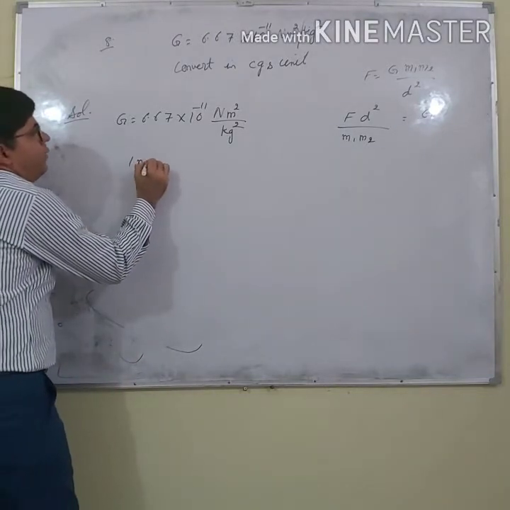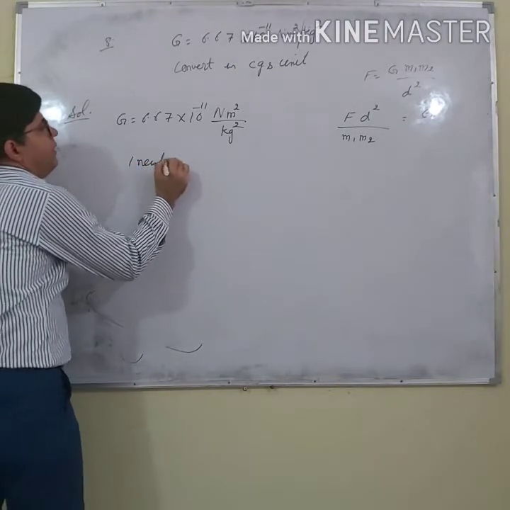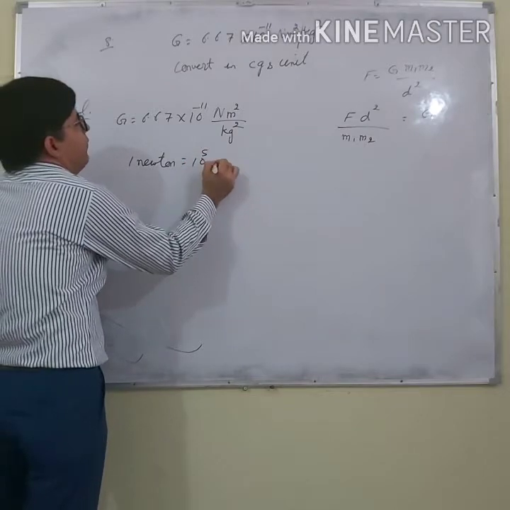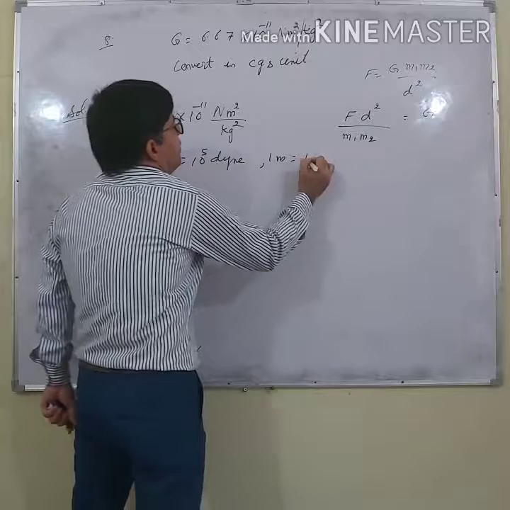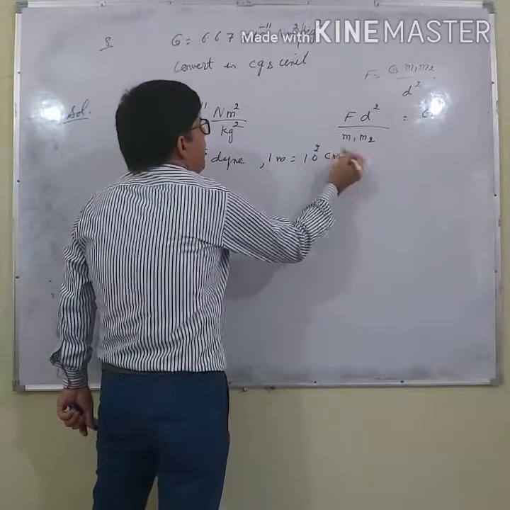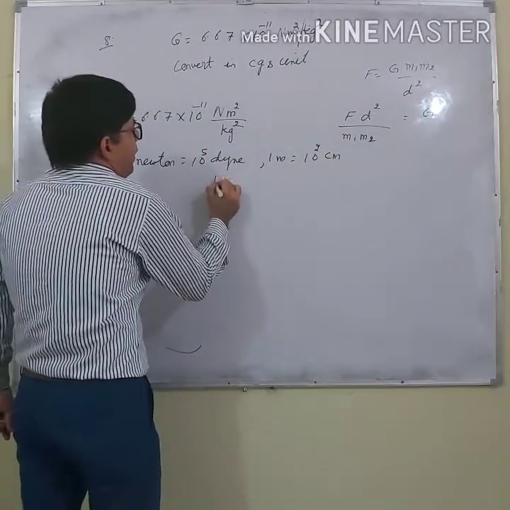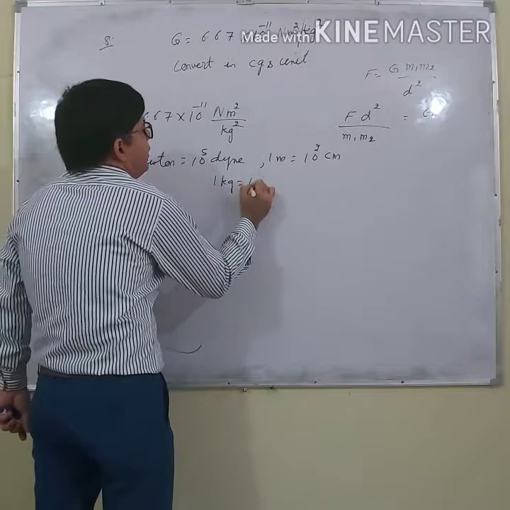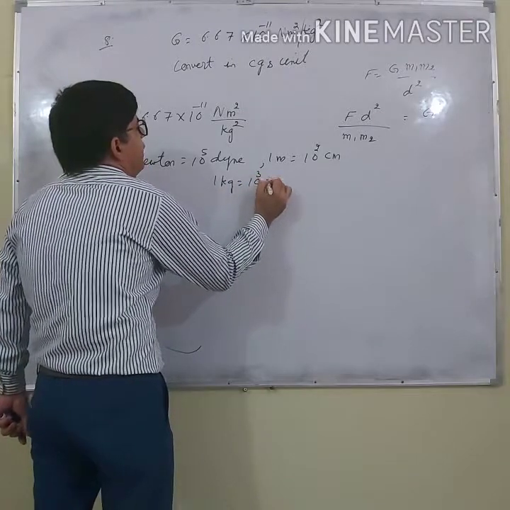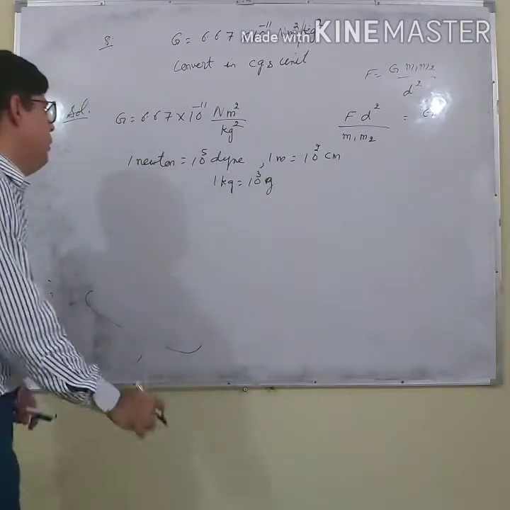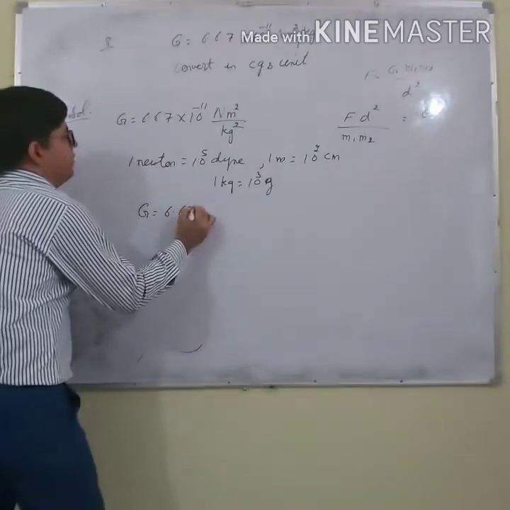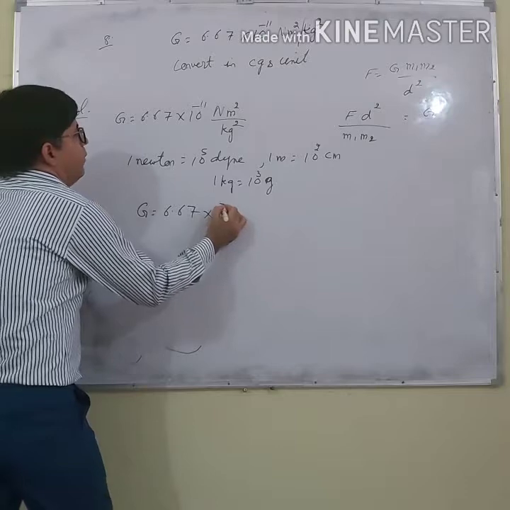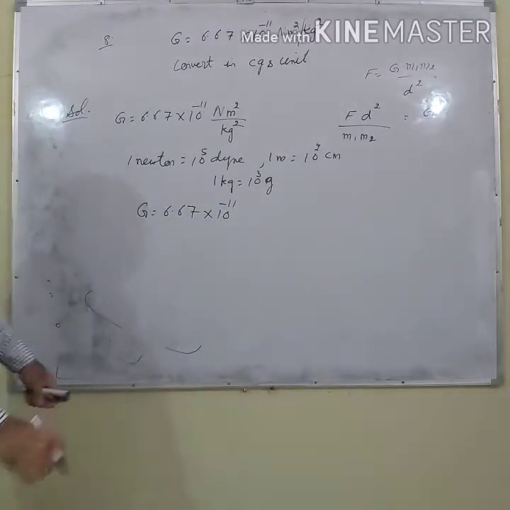I know that 1 Newton is 10 to the power 5 dyne, and 1 meter is 10 to the power 2 centimeter, 100 centimeter, and 1 kilogram is 10 to the power 3 gram. So capital G equals 6.67 10 to the power minus 11.